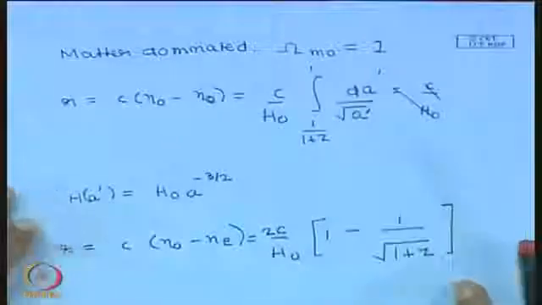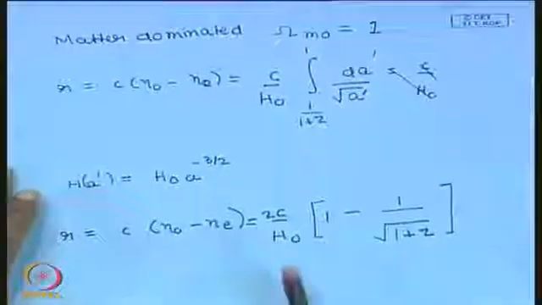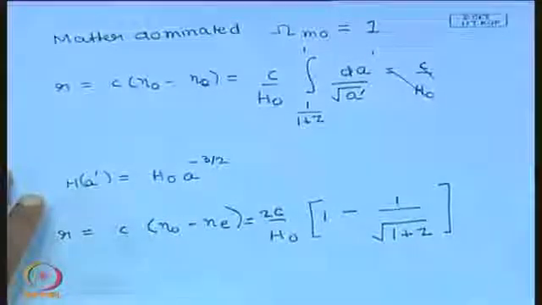But as you approach unity, there will be deviations from Hubble's law. The Taylor series will no longer be valid.